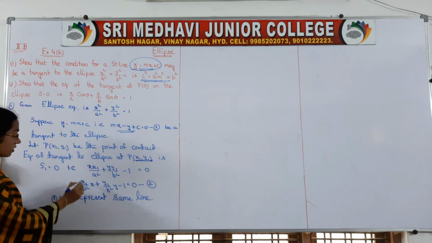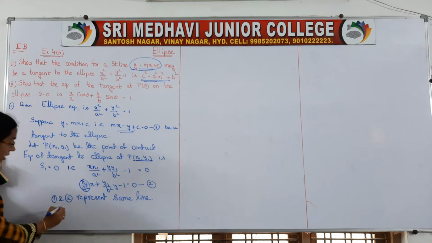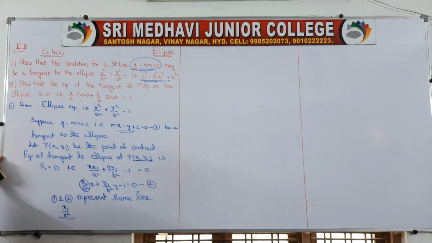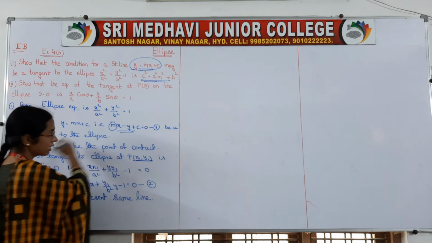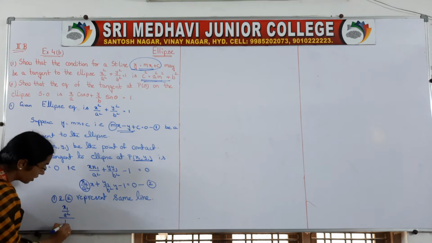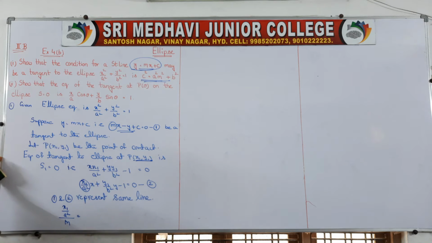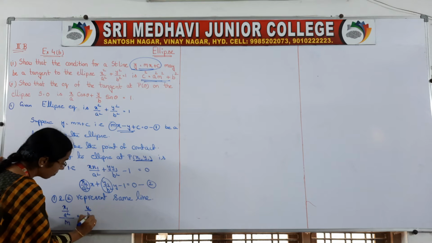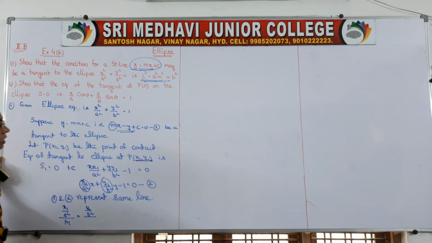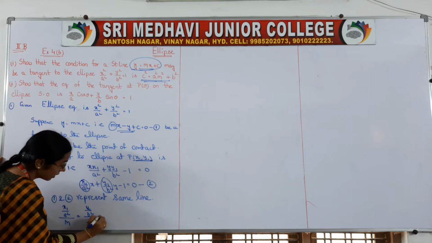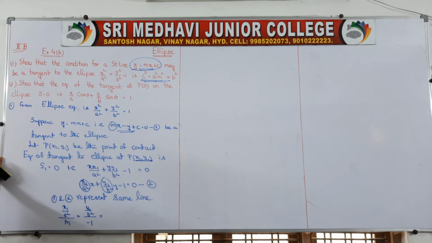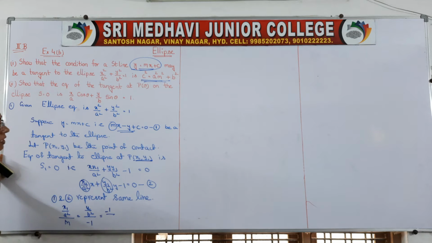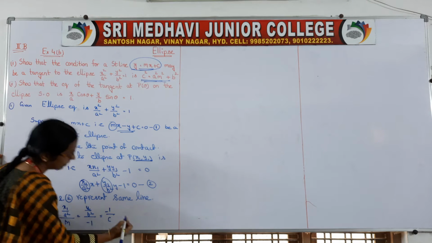What is the x coefficient? x1 by a square by, what is the x coefficient of this line? m is the x coefficient, is equal to the y coefficient, y1 by b square by, what is that y coefficient? -1 is equal to the constant, -1 by the constant of that one, which is c.